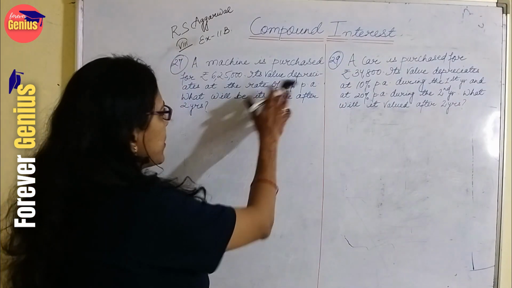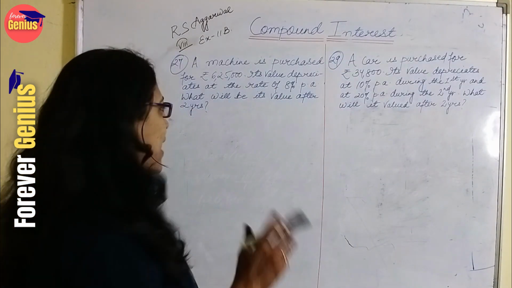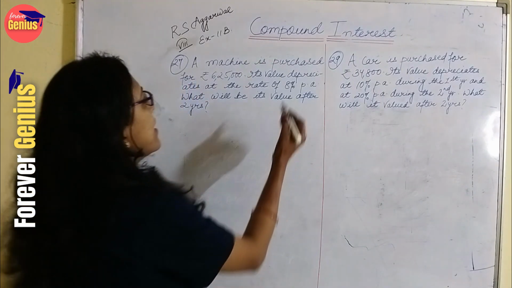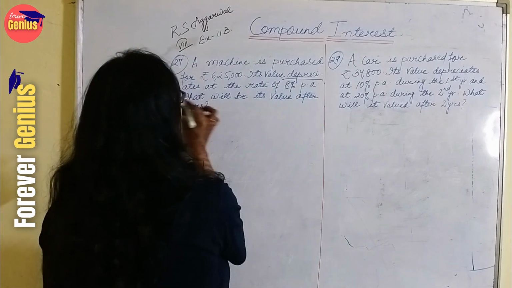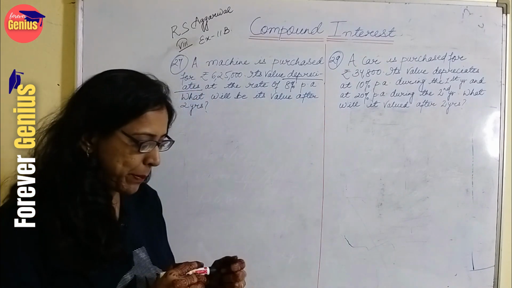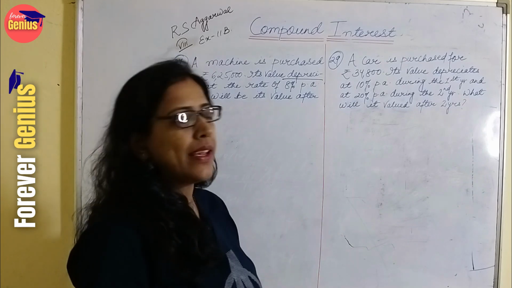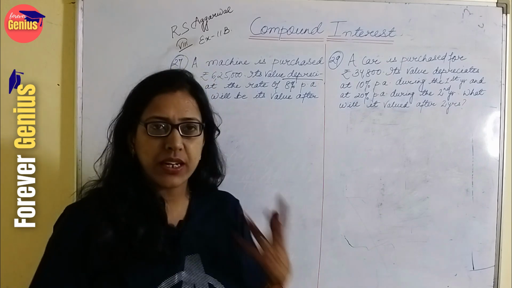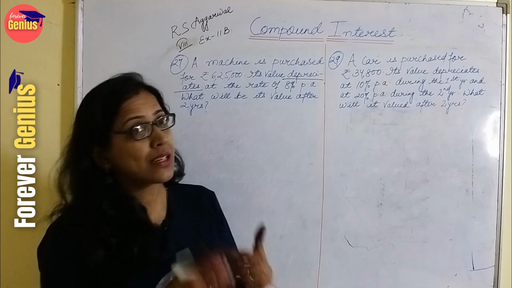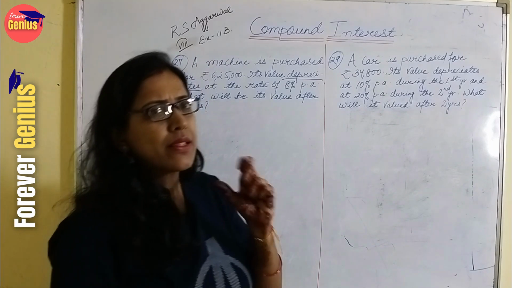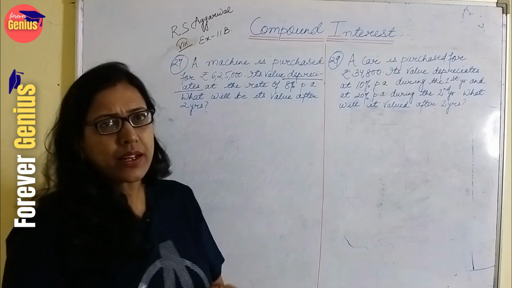See, a machine is purchased for rupees 6,25,000. Its value depreciates at the rate of 8%. What is the meaning of depreciates? See, in a factory, if we purchase any machinery items or vehicles which are constantly being used, will the worth of the machine increase or decrease?